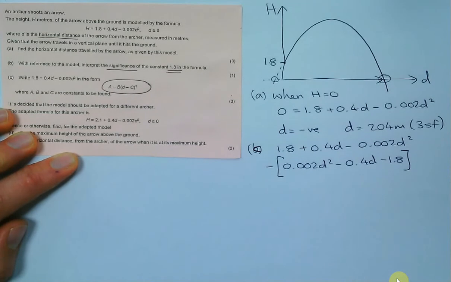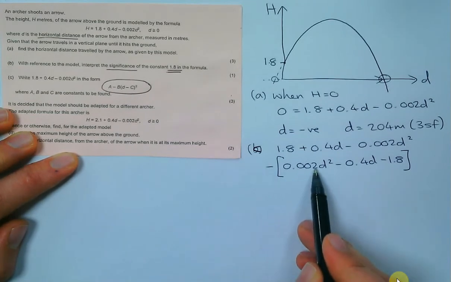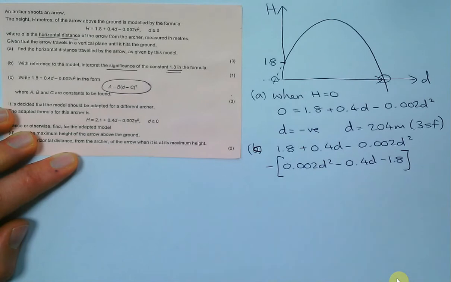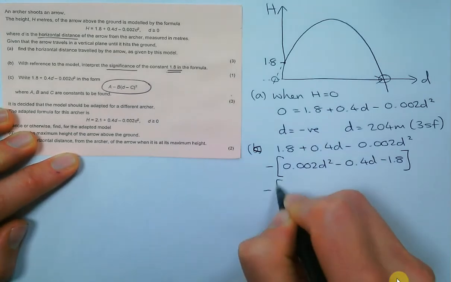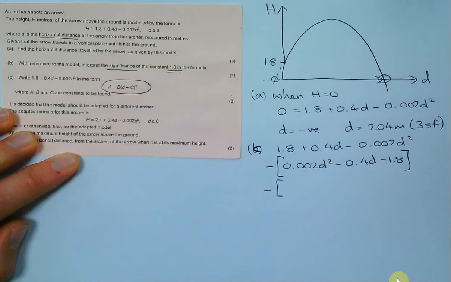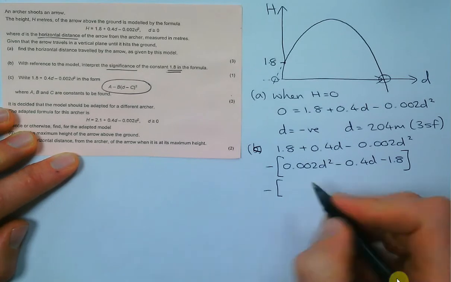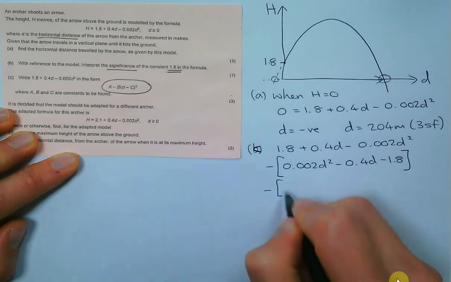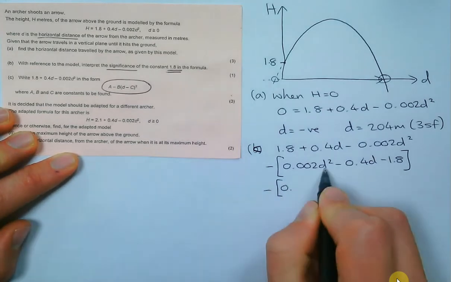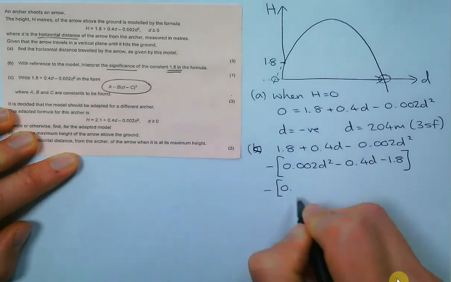Now there is a method, I've said this in my previous videos, you could take negative 0.002 out. I just don't. I just like it this way. So hopefully you're the same as me. If not, check someone else's video out on how to do it. Check with my answer. But this is a pretty common method. So I'm going to now, because there's not 1d squared, factorize for this.